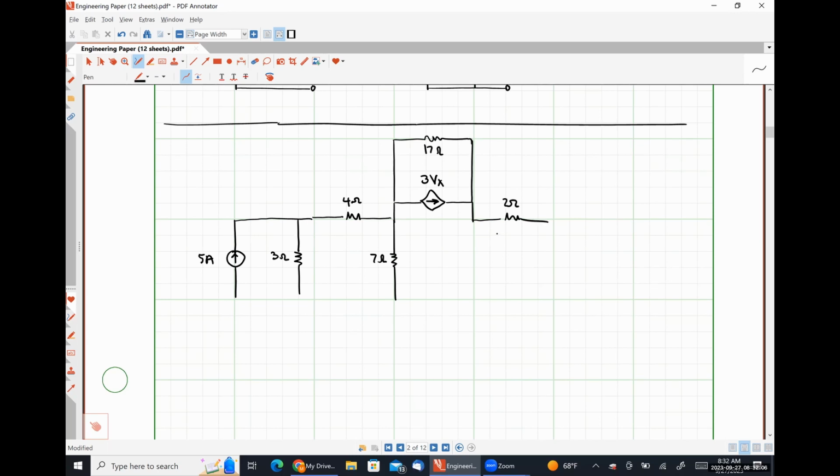Two ohm resistor across which our voltage Vx is defined. Nine ohm resistor. I'm going to scoot that over one square here. And a 1 amp source like so.